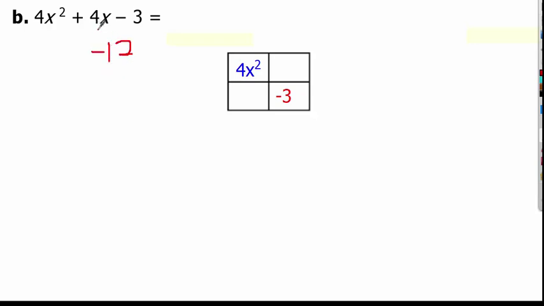Factors of that are going to add to give me positive 4. So I have negative 1 and 12. That won't work. Negative 2 and 6. And since that works, I'm going to stop. I put one of them here with an x, and I put the other one here with an x. Again, it does not matter which order we put them.